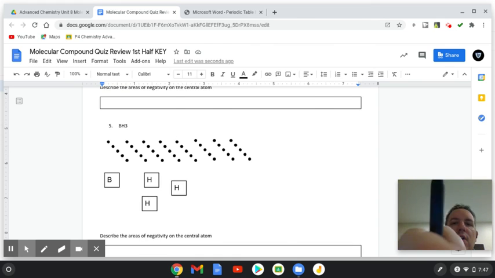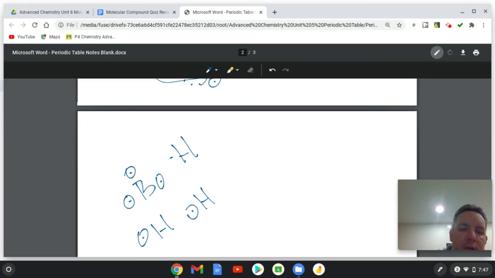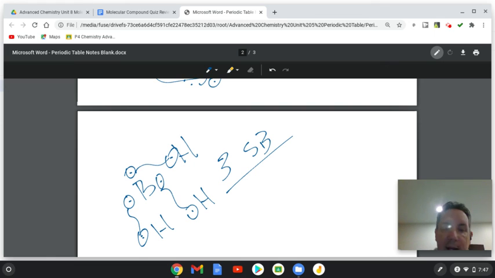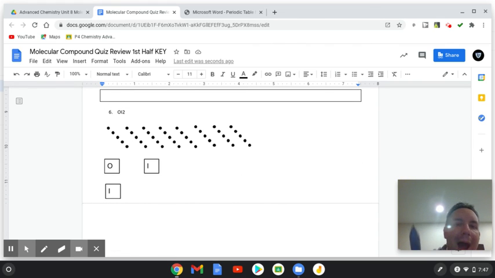For boron trihydride, you're going to have boron, hydrogen, hydrogen, hydrogen, single, single, single, 1, 2, 3. So boron is your central atom. You're going to get pair, pair, pair. So on this example, you're going to have 3 single bonds, and you're not going to have any lone pairs on boron. And your last example is OI2.